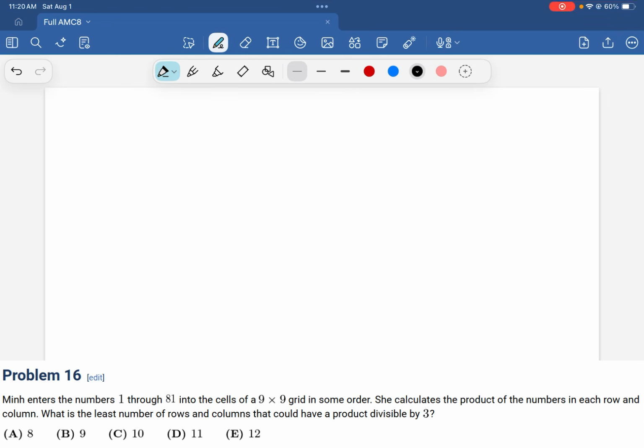Problem 16. Min enters the numbers 1 through 81 to the cells of a 9x9 grid in some order. She calculates the product of the numbers in each row and column. What's the least number of rows and columns that could have a product divisible by 3? So if you have some numbers, I'll just list some numbers down.